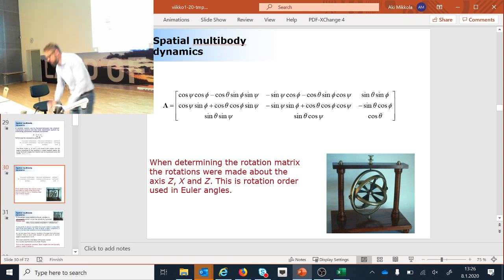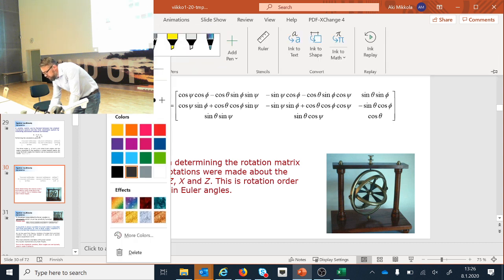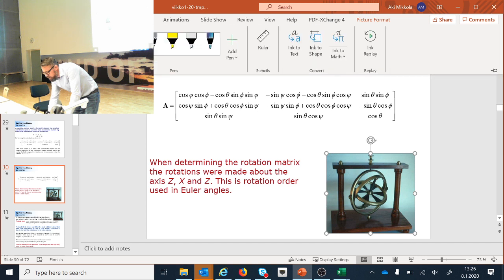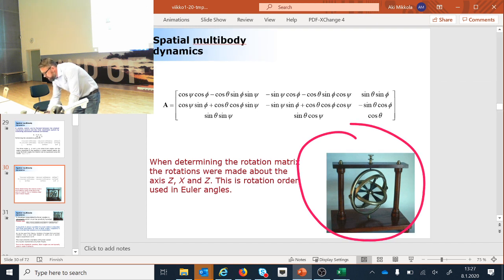Or maybe the best way to describe it is by looking at this gyro. Now, if two out of the three axes become parallel, then the system becomes a planar system.